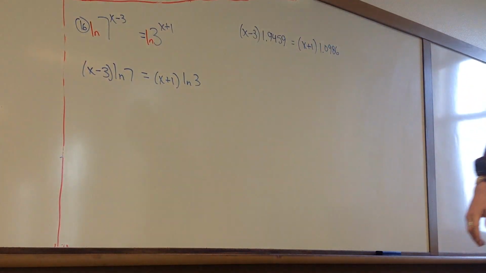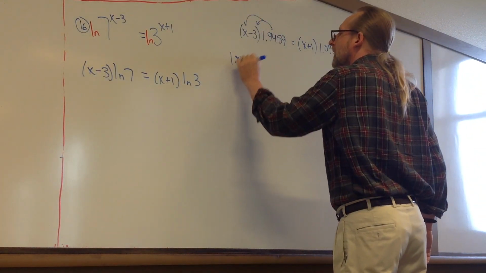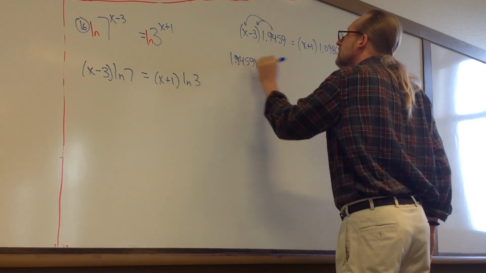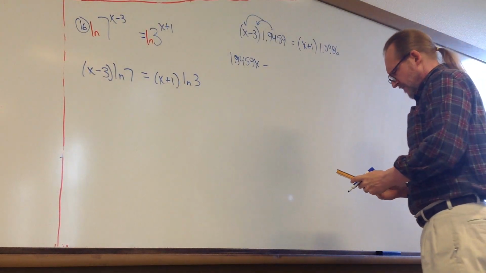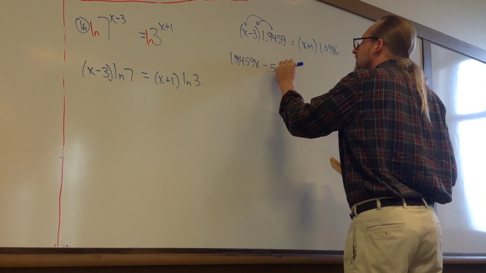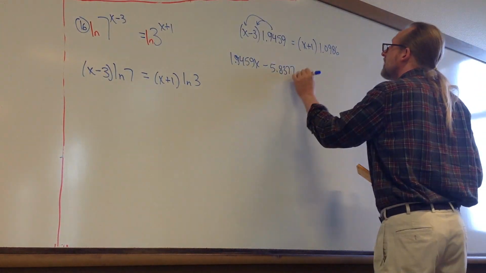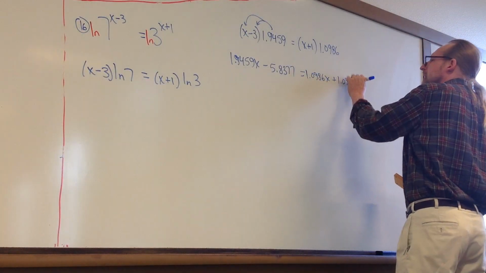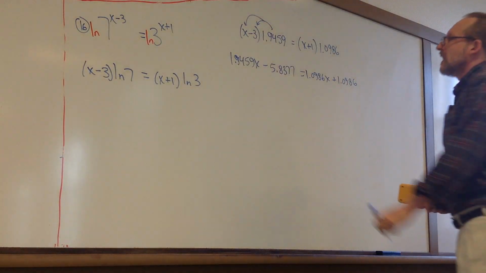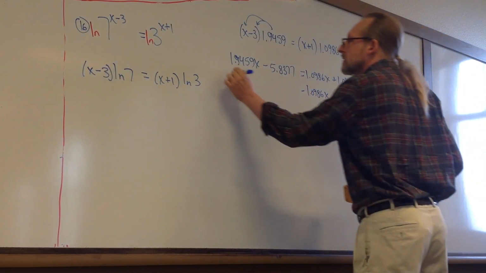Okay. So, let's go ahead and distribute here. 1.9459x minus 3 times 1.9459, 5.8377. Okay, and then over here, 1.0986x plus 1.0986. All right, let's see. I'll subtract this over to here, 1.0986x.